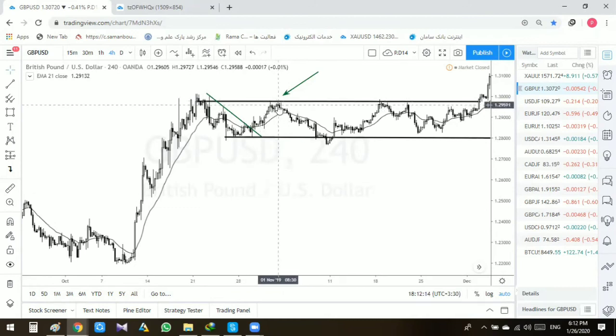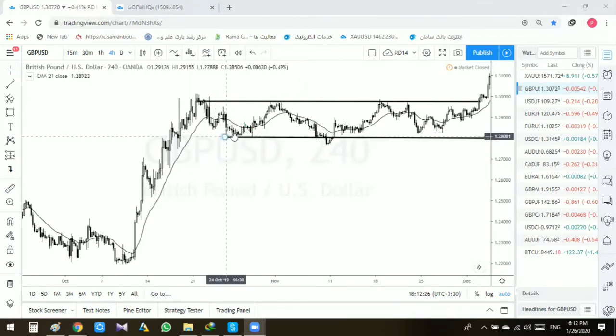I mean, price just rejected the last high, so I could expect price coming down to where? To my last higher low. This one was my last higher low.